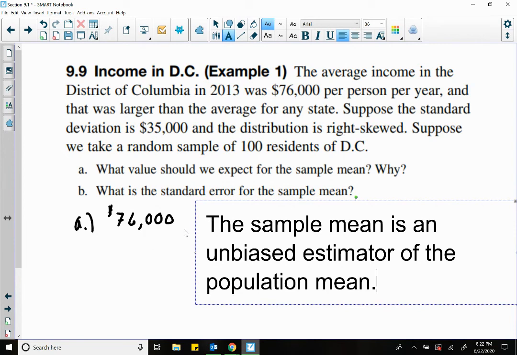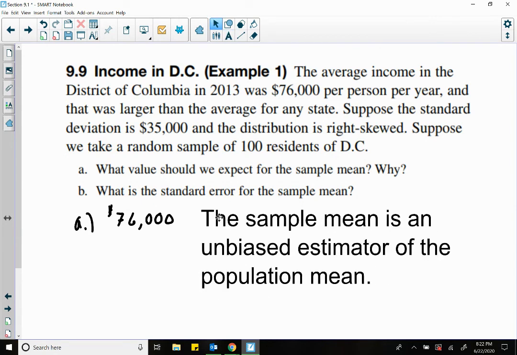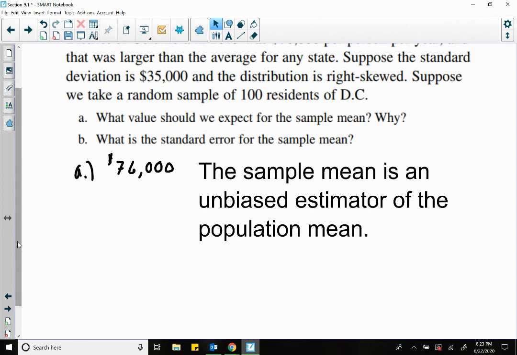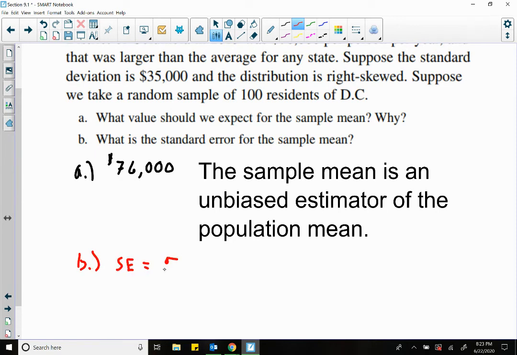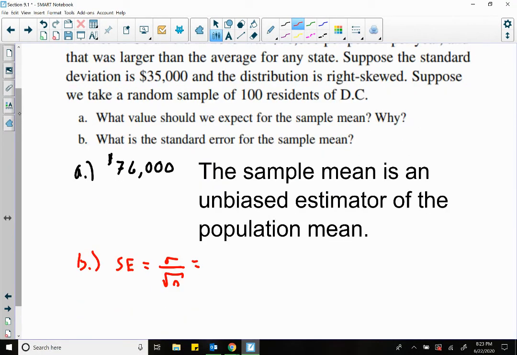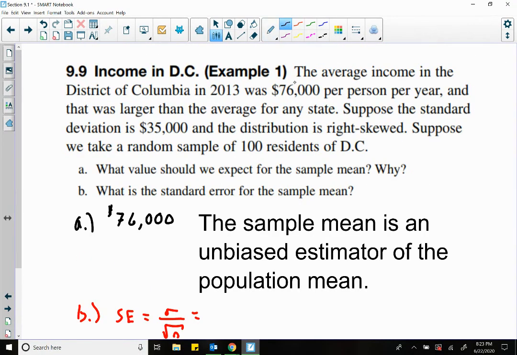Part B says, what is the standard error for the sample mean? Well, again, that's just a formula. Remember the formula I gave you? Standard error is equal to sigma divided by the square root of n. So again, just labeling some things up here. I should have labeled this before.